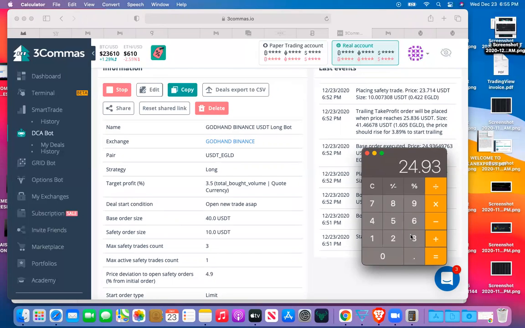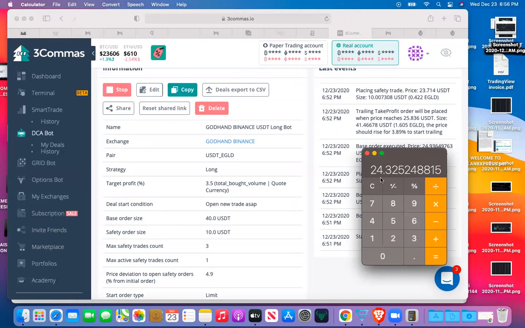It gives us 48.65. So divide by 2. That's the cost average. So that gives us about 24.34, 24.3, whatever.